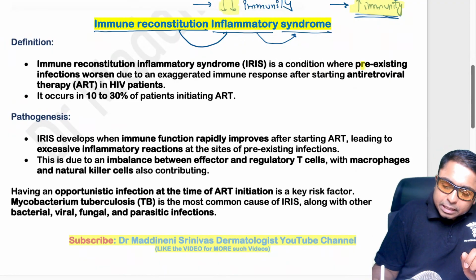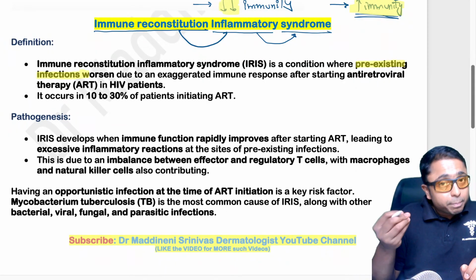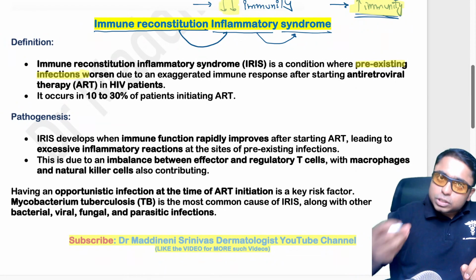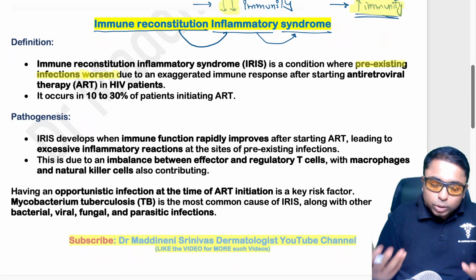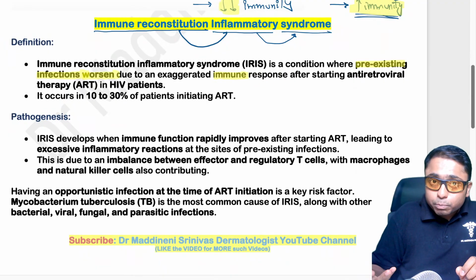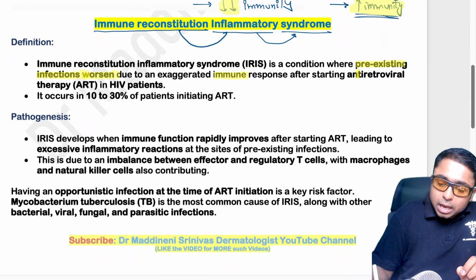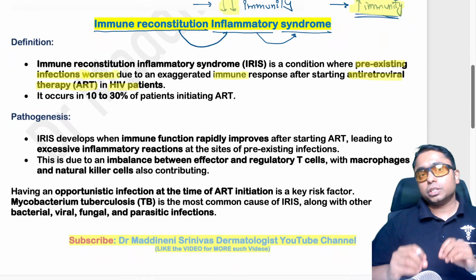This is a condition where the pre-existing infections, like I have told you, Mycobacterium tuberculosis or Pneumocystis jirovecii, are going to worsen due to the exaggerated immune response. The immunity is improving, so there is going to be an immune response after starting the antiretroviral therapy in HIV patients.